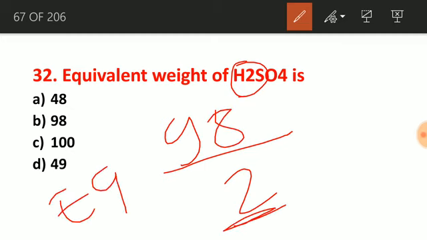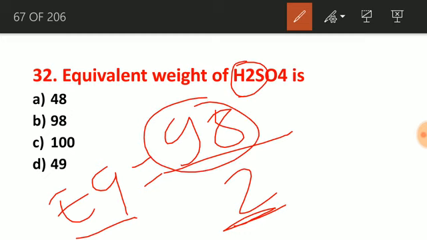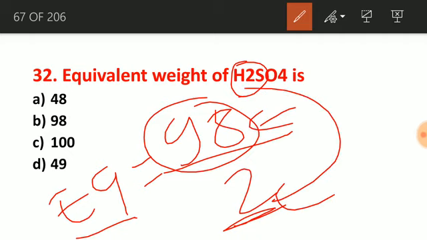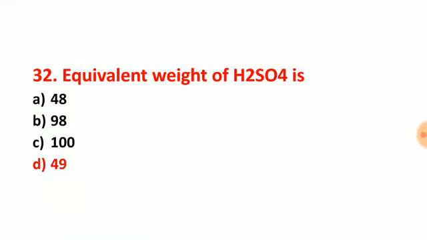Equivalent weight is molecular weight divided by basicity for an acid, and molecular weight divided by acidity for a base. Because of that, option choice D is the correct answer for question number 32.